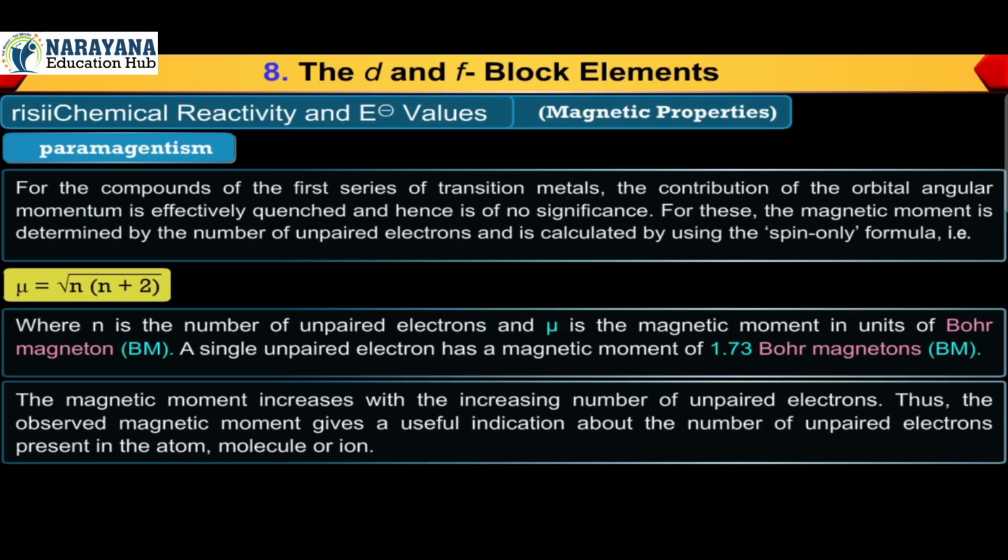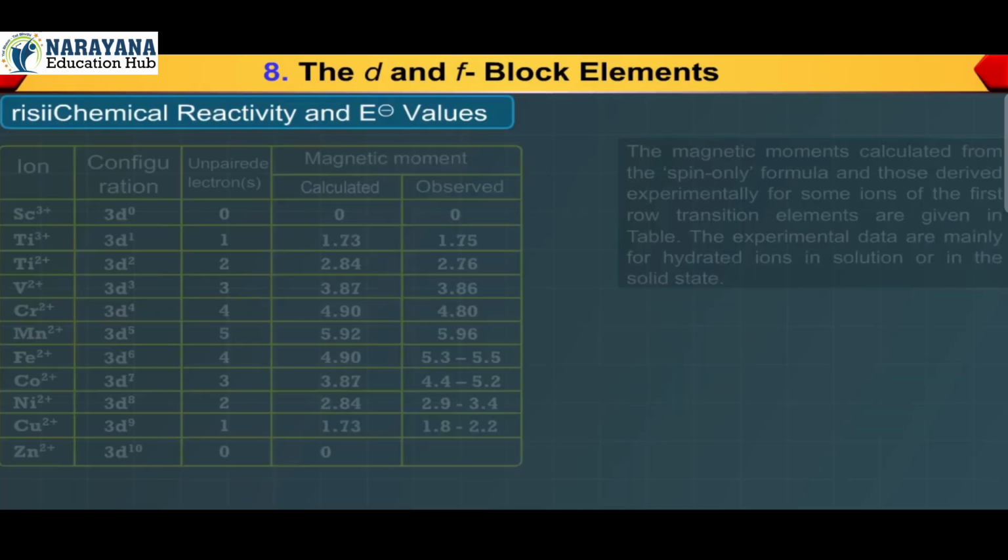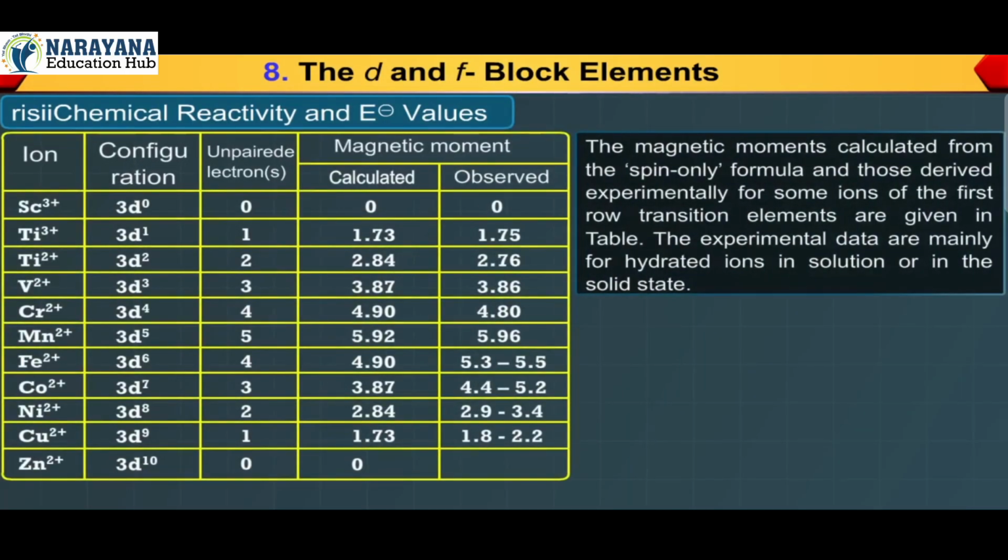Thus, the observed magnetic moment gives a useful indication about the number of unpaired electrons present in the atom, molecule, or ion. The magnetic moments calculated from the spin-only formula and those derived experimentally for some ions of the first row transition elements are given in the table.